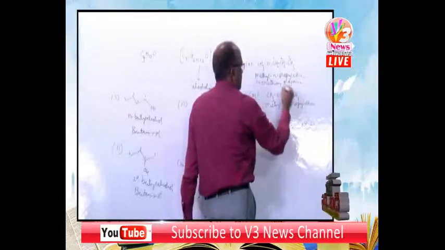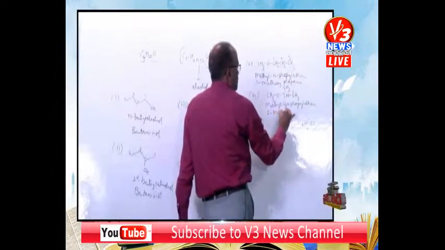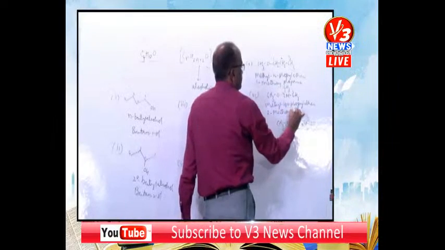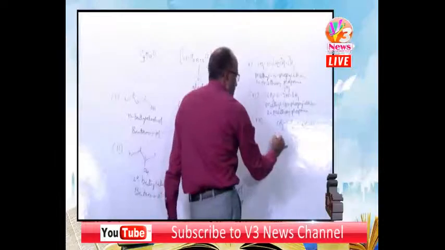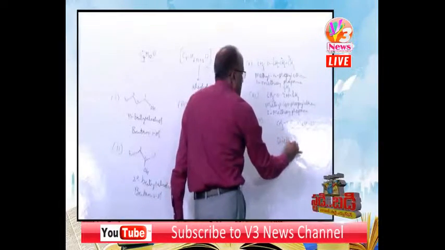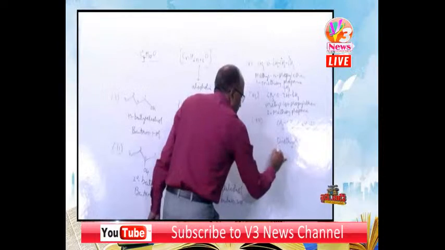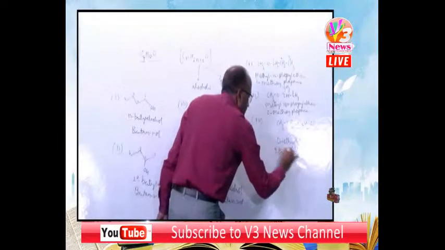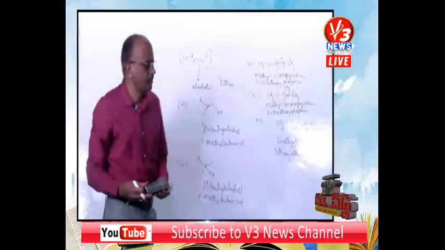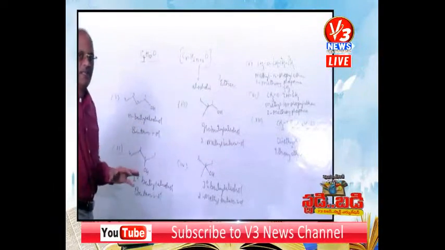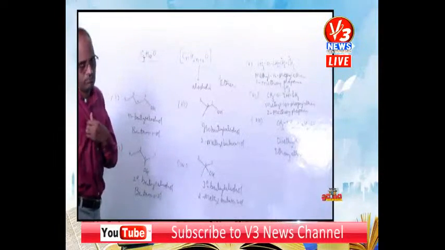And the IUPAC name of this one, 1, 2, 3, is 2-methoxypropane. Now, coming to this one, the common name is, 2 ethyl groups, that is why it is diethyl ether. Then ethoxyethane, right. So, these are the possible structural isomers with the molecular formula C4H10O.